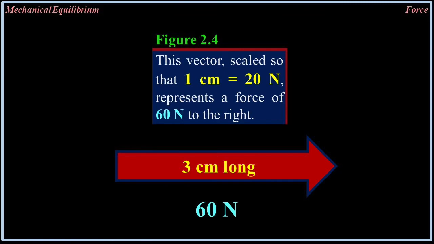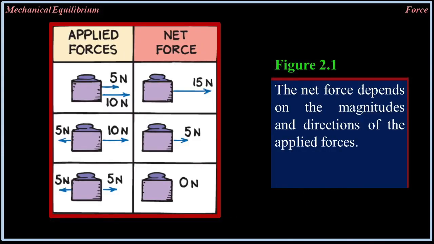Figure 2.4, this vector scaled so that 1 centimeter equals 20 newtons represents a force of 60 newtons to the right. That arrow is not 3 centimeters, but we're pretending it is, and therefore it would be 60 newtons. Here is another shot of figure 2.1.